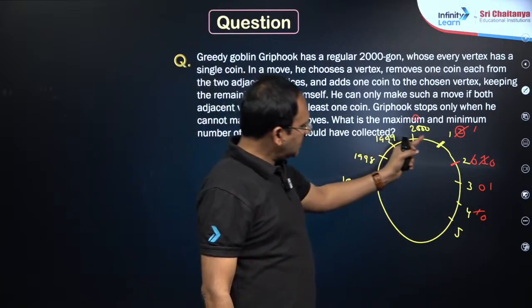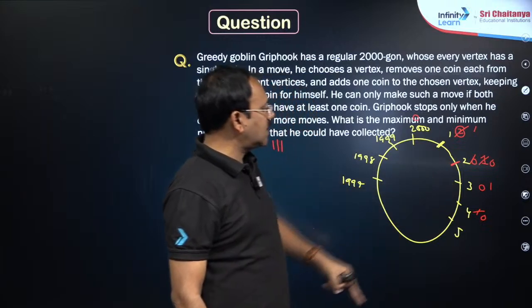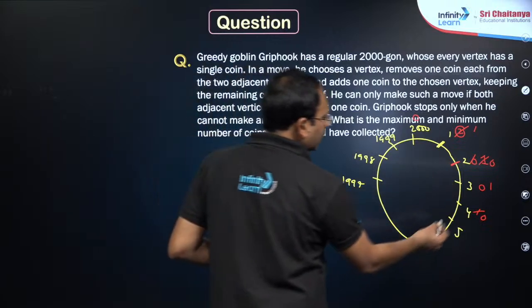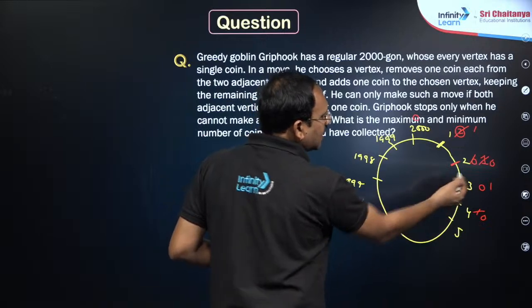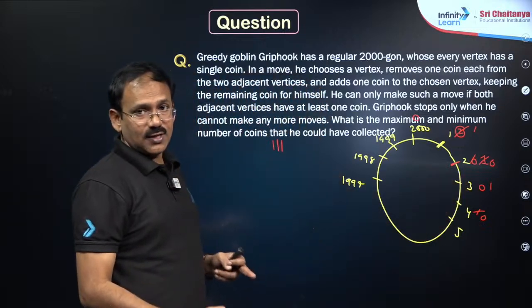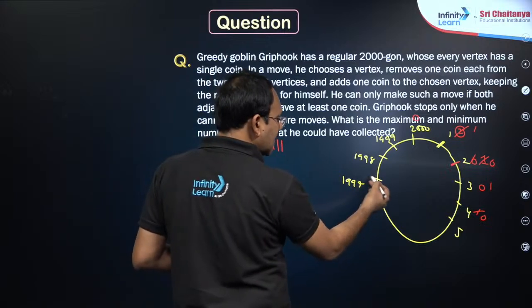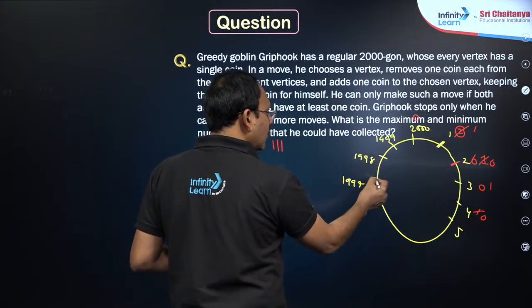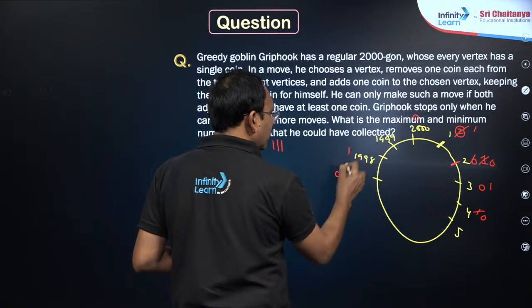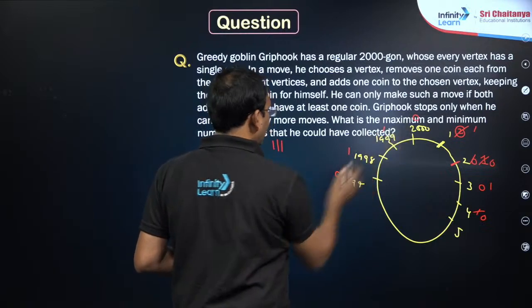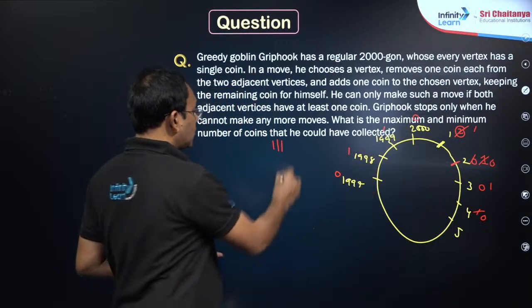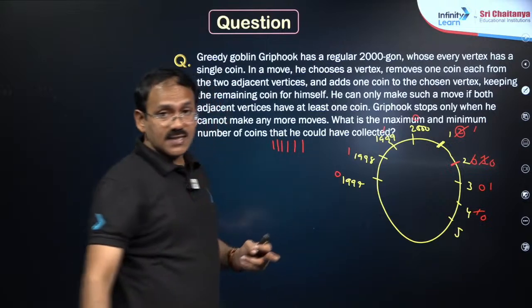So like this he will be moving for every step. Suppose at step number 3, 3 is getting 1, 4 is getting 0, that is the observation. At step number 1997, 1998, this fellow will get 0, this fellow will be 1. This anyhow had 1. So, my dear friends, like that you will get 1997.